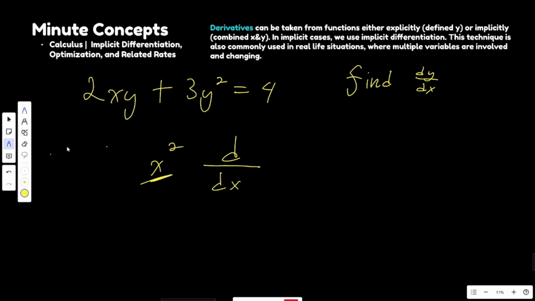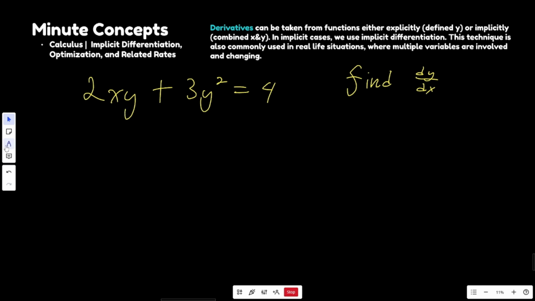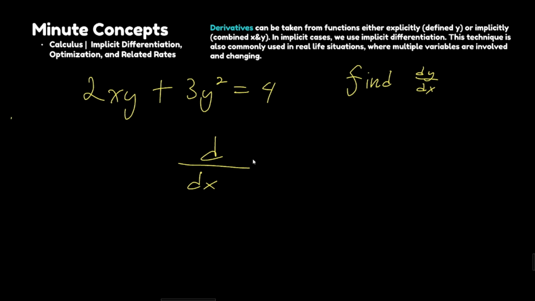So, essentially, implicit differentiation is using d over dx for every single term. And of course, that depends. Right now, we're looking for dy dx, so we are supposed to use with respect to x. And this is going to be the flow of the entire process of solving.